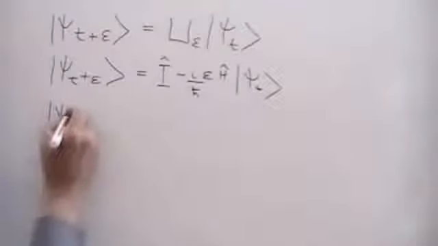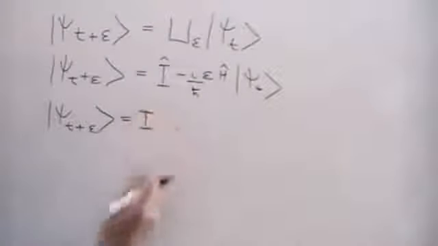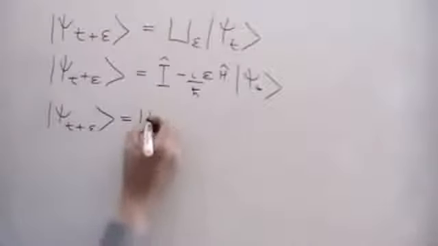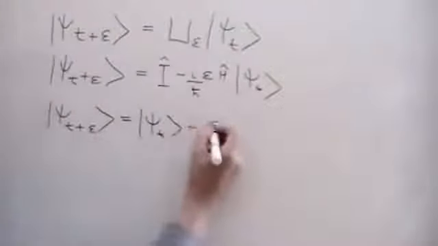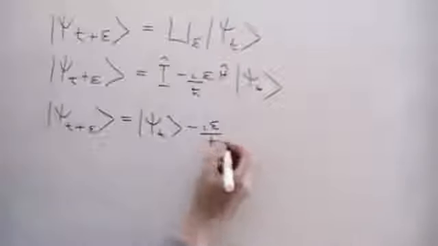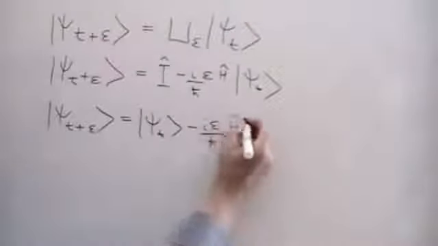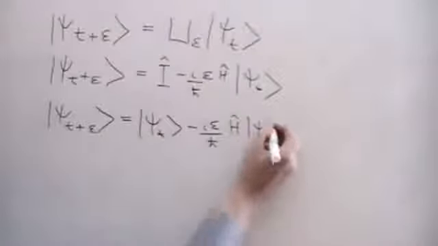That means we've got psi of t plus epsilon here is equal to I acting on psi. Well, I acting on psi is simply psi. There's no change. When the identity operator acts on psi, you get no change. And then here we've just got minus i epsilon over h bar h acting on psi of t.